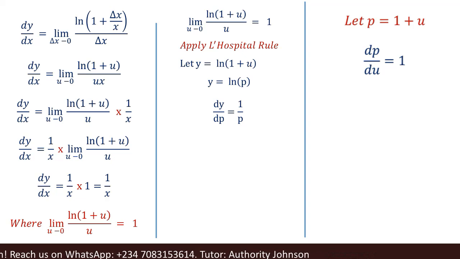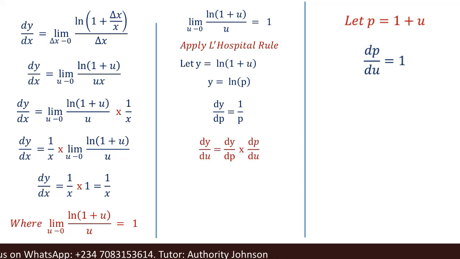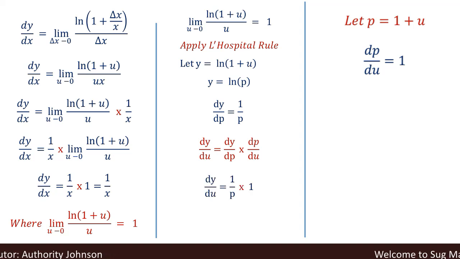Applying the chain rule properly, dy over du, which is the main thing that we are looking for, is the product of these two derivatives. We have dy over dp times dp over du. dy over dp is 1 all over p, and dp over du is 1. Multiplying together, we have 1 all over p.